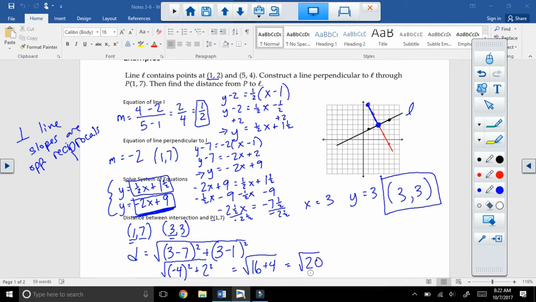And you could leave it as the square root of 20. If you did want to write it out, you could also figure out what that is as a decimal, which is about 4.47 or 4.5, depending on how you're rounding.